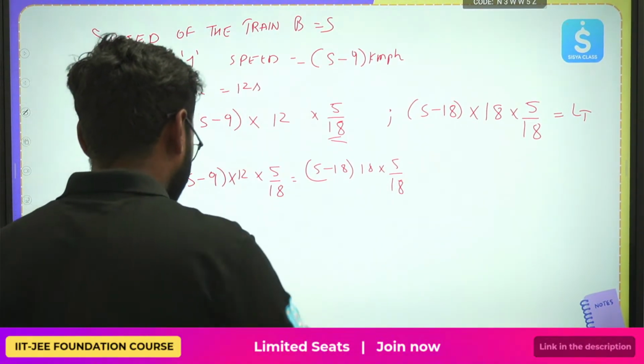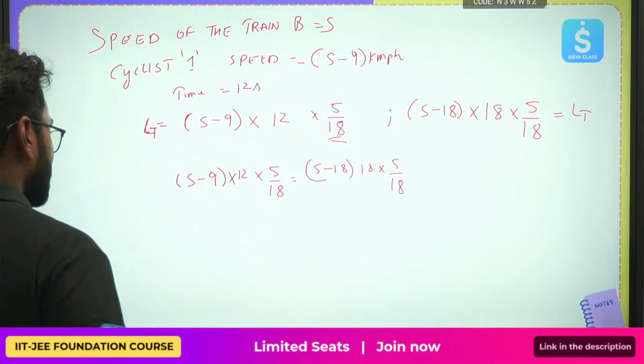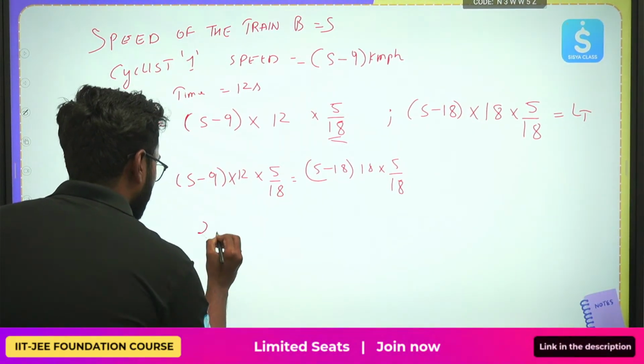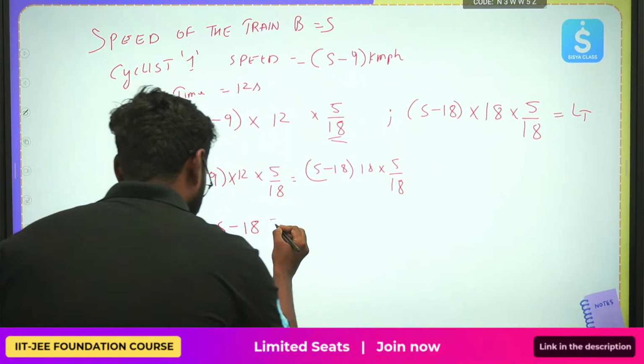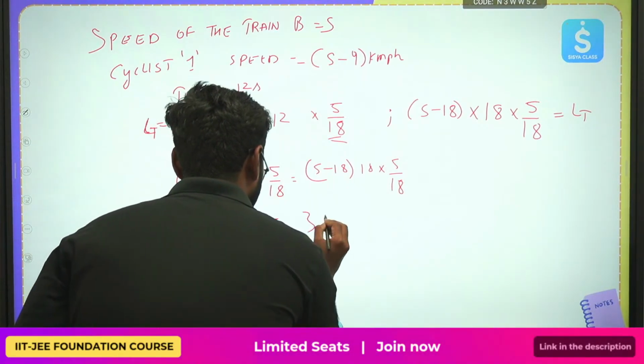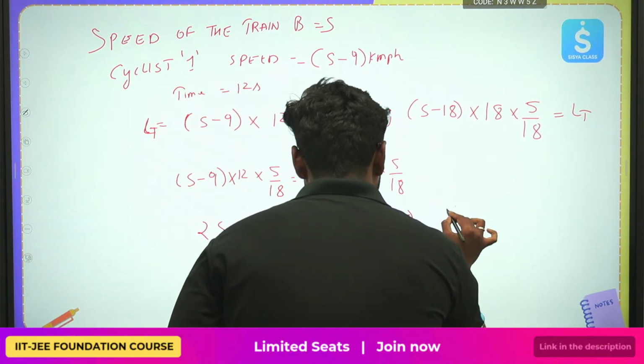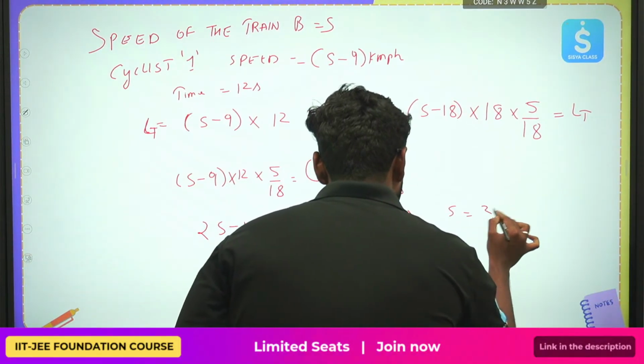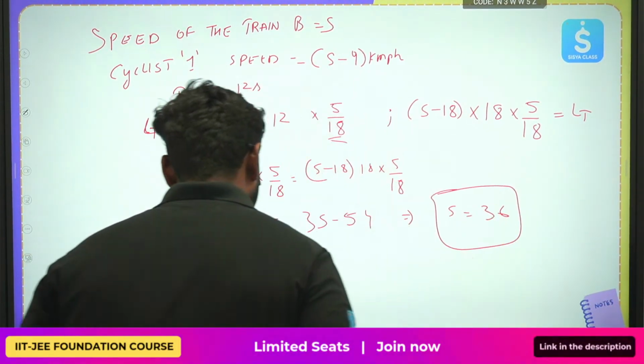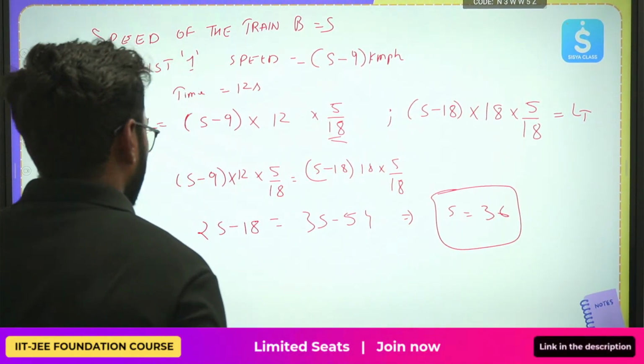Right? Understood this? I hope you all understood this. So this would be 2s minus 18 is equal to 3s minus 54. So s should be 36. Now we have s.